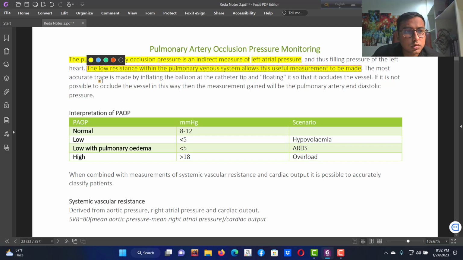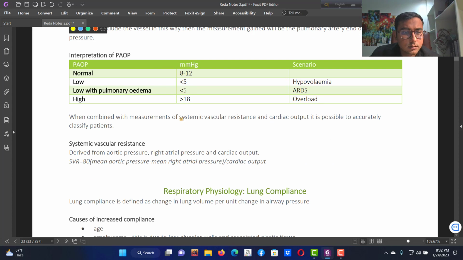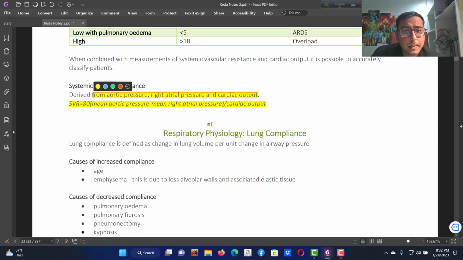The most accurate trace is obtained by inflation of the balloon, by which PAOP is measured. Systemic vascular resistance, times 80, is derived from aortic pressure, right atrial pressure and cardiac output. When combined with the measurements of systemic vascular resistance and cardiac output, it is possible to accurately classify the patient.